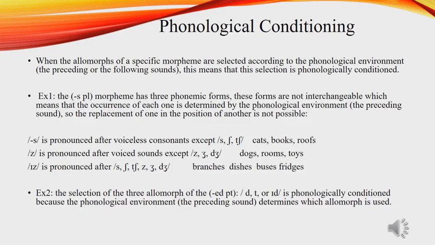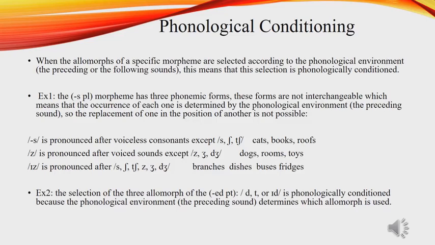When the noun ends in /s/, /ʃ/, /tʃ/, /z/, /ʒ/, and /dʒ/, in this case, the S plural morpheme is pronounced as /ɪz/. So we choose the allomorph /ɪz/ when we have nouns that end with these six sounds. Branches, dishes, buses, fridges.